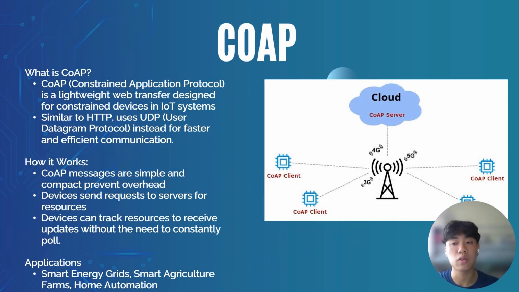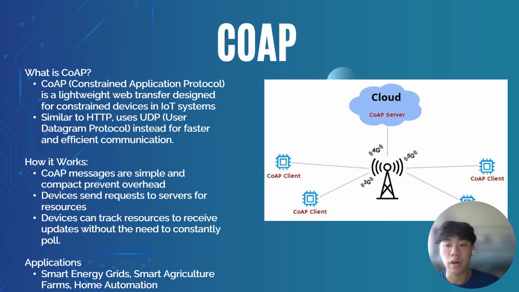Next up is CoAP. What is CoAP? CoAP is a constrained application protocol. It is also a lightweight web transfer protocol designed for constrained devices in IoT systems. CoAP is actually very similar to HTTP, but uses UDP for faster and more efficient communication among devices.